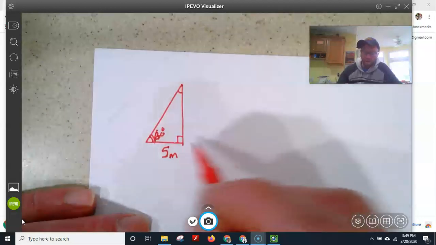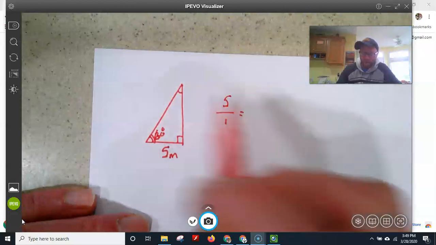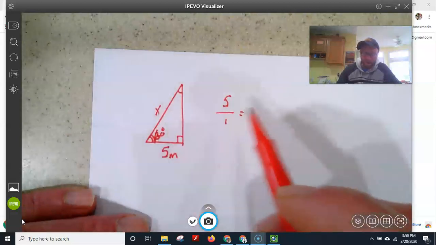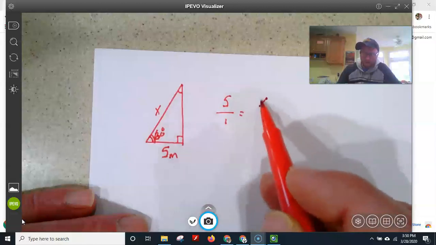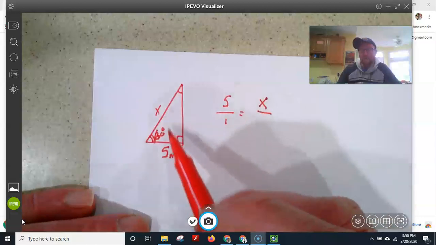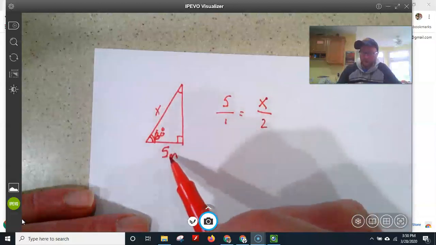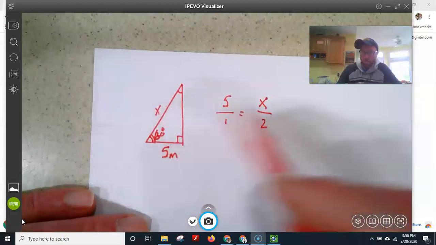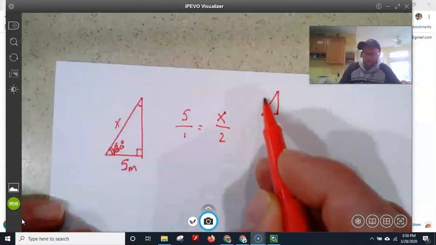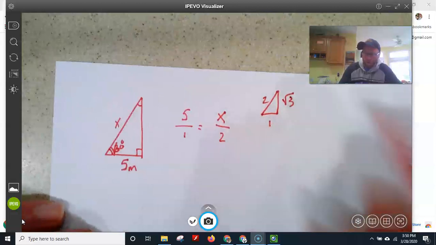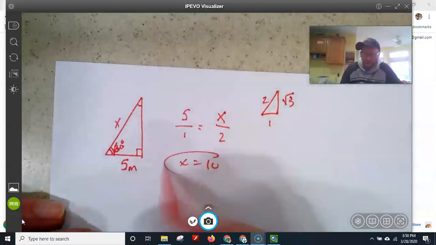I would say 5 to 1 equals, say I want to figure out this side over here, x to 2, because in the original special right triangle, it's 1, 2, square root of 3. Then I cross multiply and I get x equals 10.